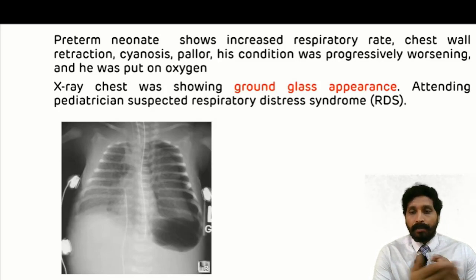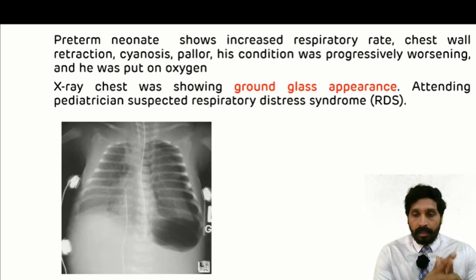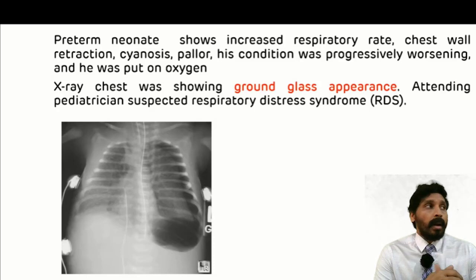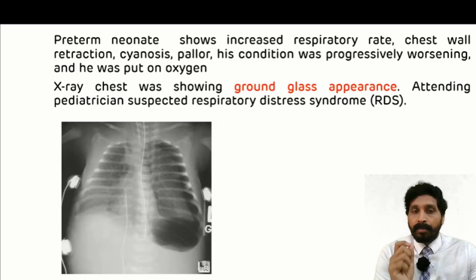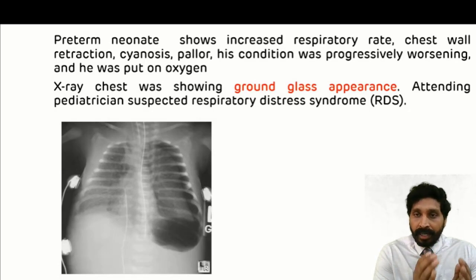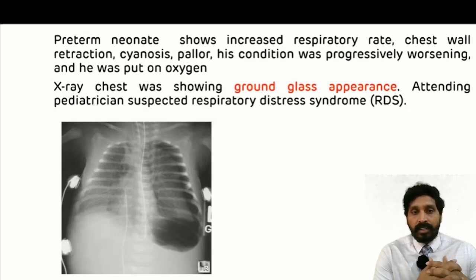Okay, so in the example I have shown in the image, the shape of the lungs, and in the details of the question, you see a preterm neonate. Know the key term here, preterm neonate, that means premature baby, shows increased respiratory rate, chest wall retraction, cyanosis, pallor.